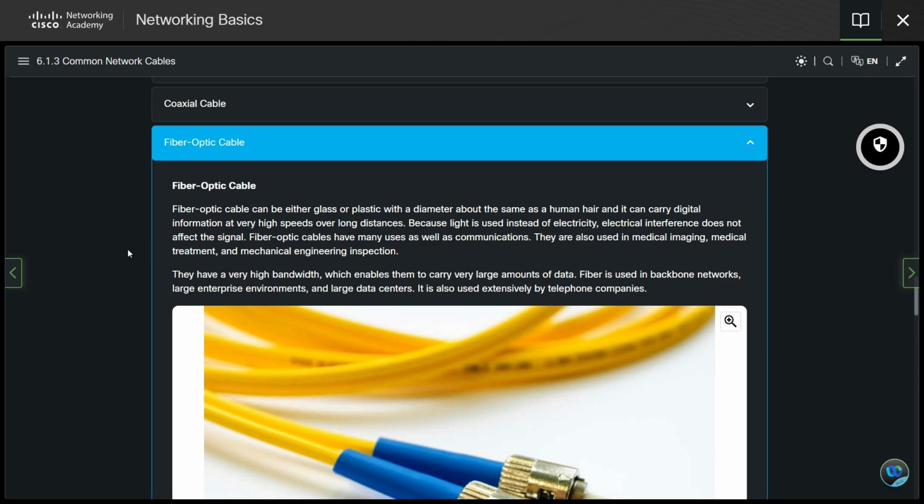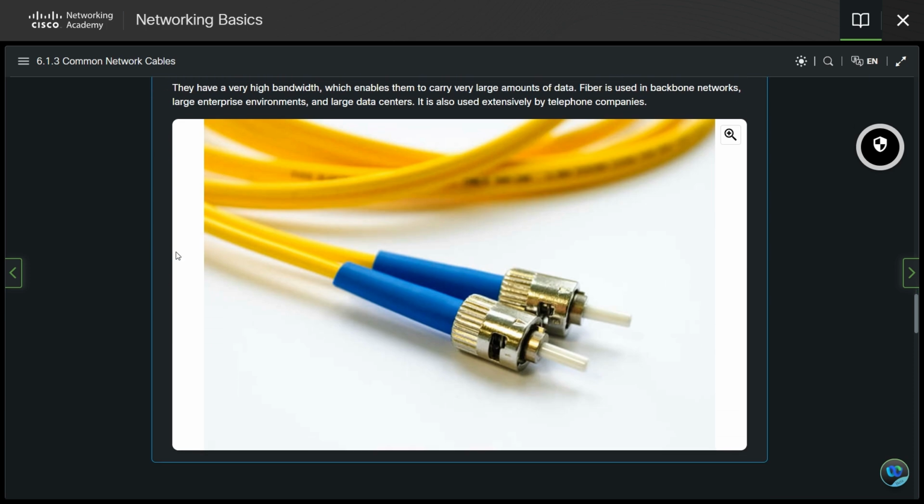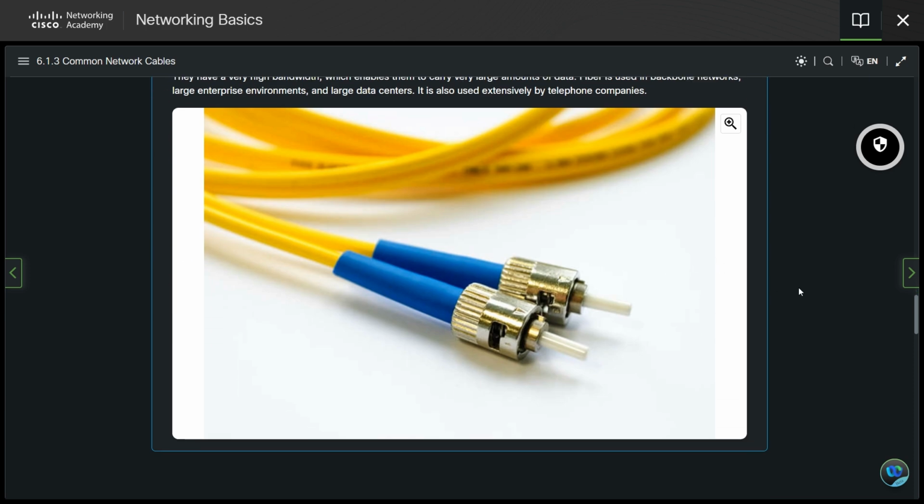They are also used in medical imaging, medical treatment, and mechanical engineering inspection. They have a very high bandwidth, which enables them to carry very large amounts of data. Fiber is used in backbone networks, large enterprise environments, and large data centers. It is also used extensively by telephone companies, and here we can see the fiber optic cable.